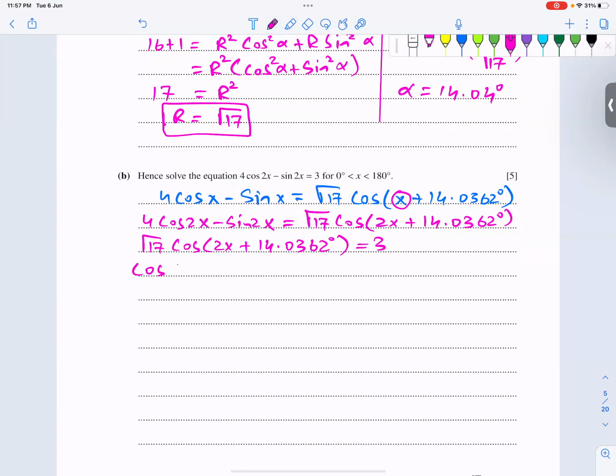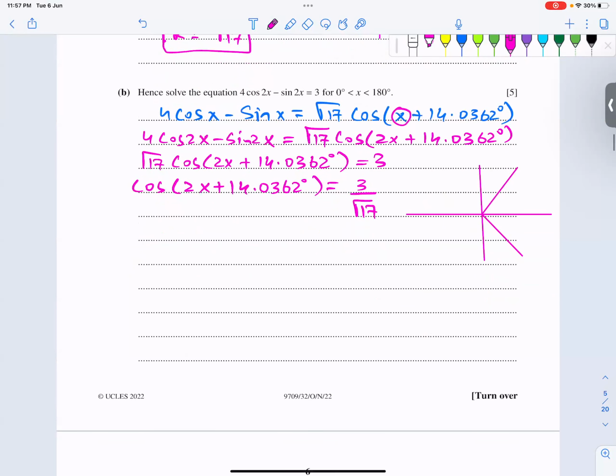So cos of 2x plus 14.0362 degree is equal to 3 over square root 17. Now, here you have cos positive in the first and fourth quadrant. And now your domain is 180 degree, which means your final answer will be in this domain.